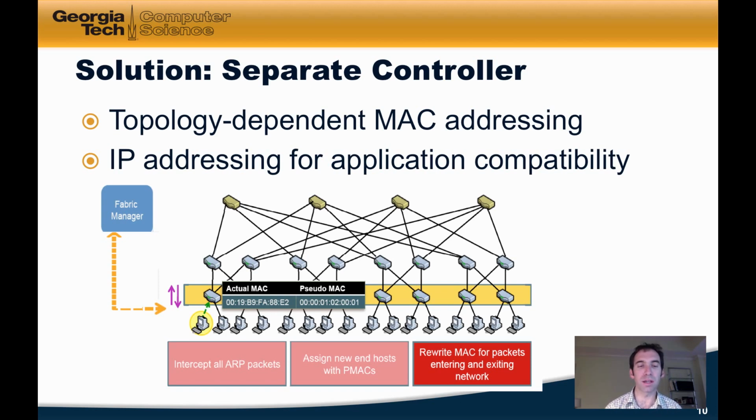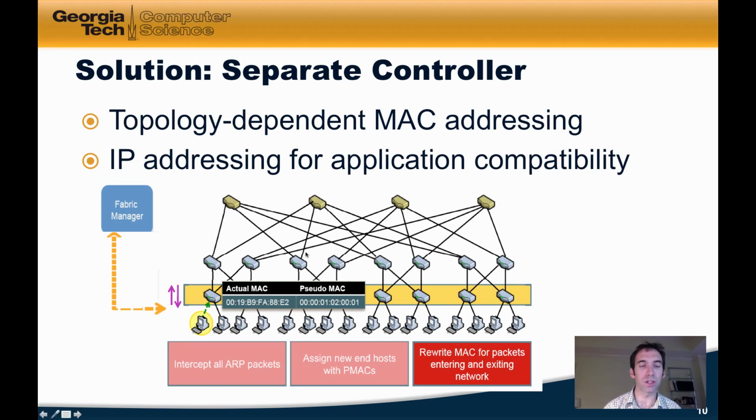What we can do in this case, because we have separate network control, is to use something called a fabric manager or a separate controller to basically intercept all of these ARP queries, all these queries that want to discover MAC addresses for particular IP addresses.